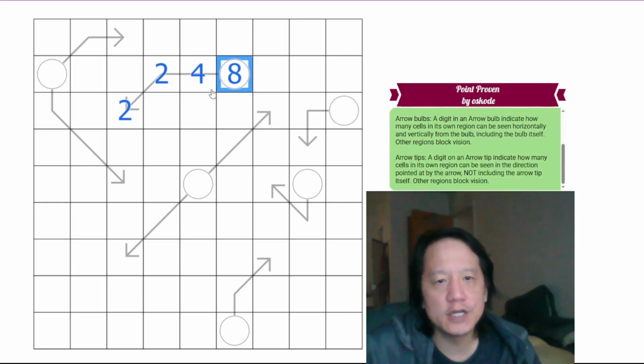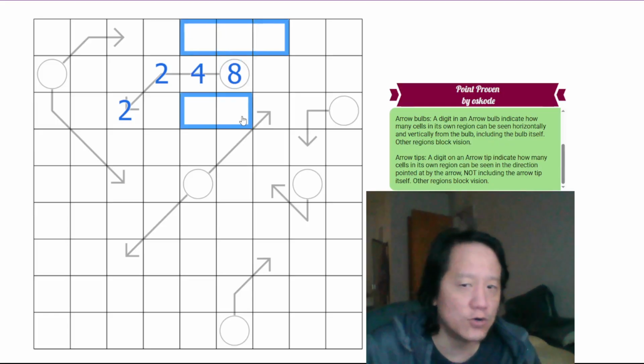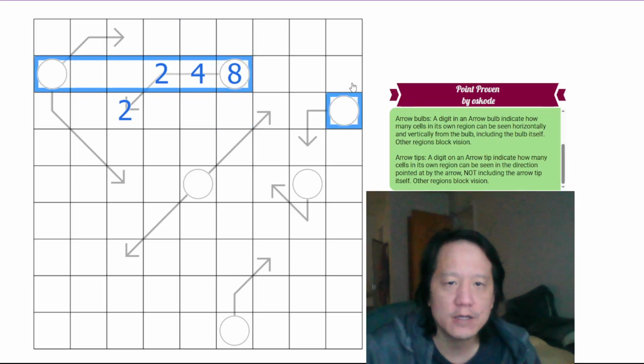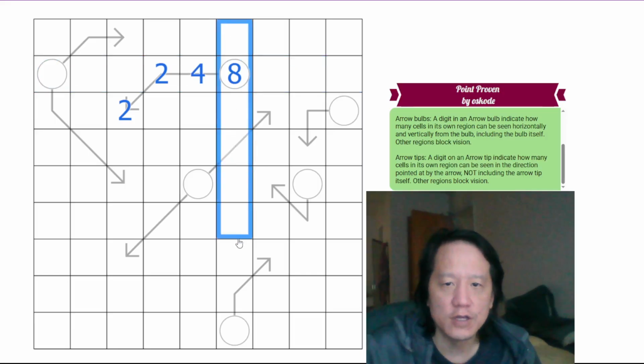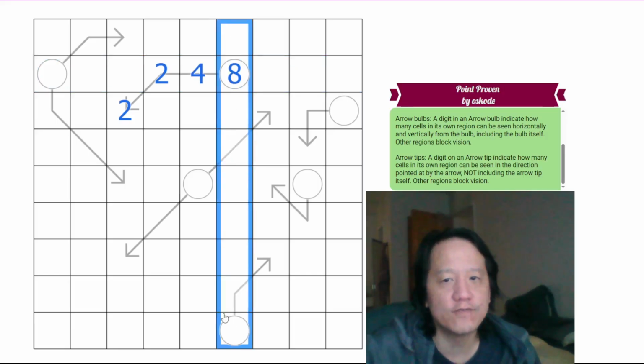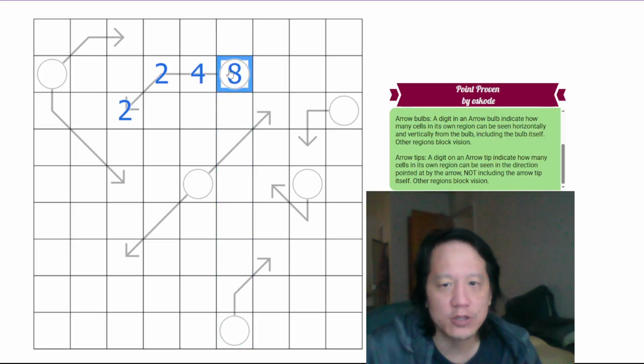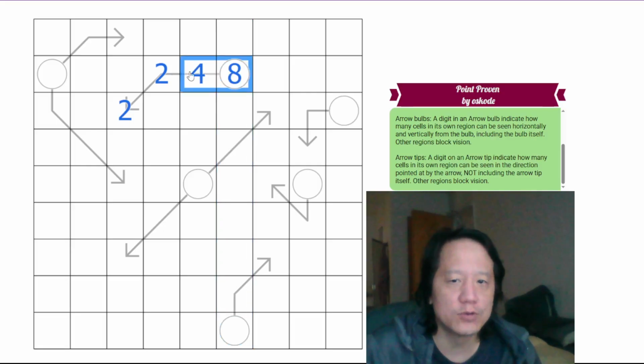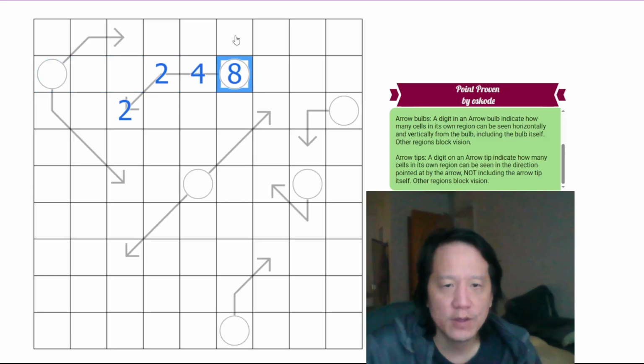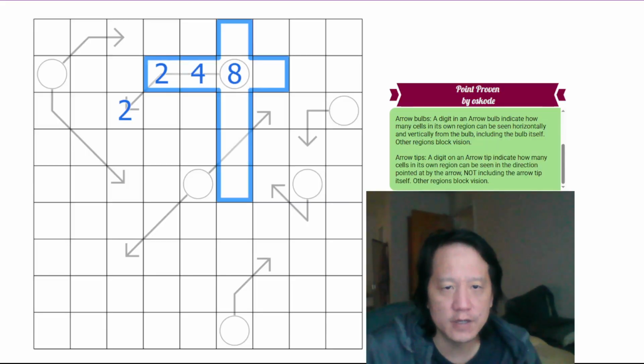A digit in an arrow bulb indicates how many cells in its own region can be seen horizontally or vertically from the bulb, including the bulb itself. Other regions block vision. So a valid example of this being 8 would be 1, 2, 3, 4, 5, 6, 7, 8.